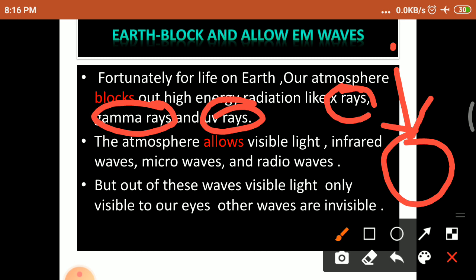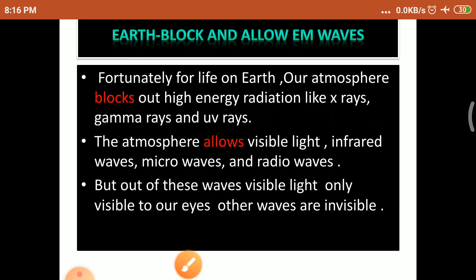The atmosphere allows visible light, infrared wave, microwave, and radio wave. It blocks X-ray, gamma ray, and UV ray. It allows visible light, infrared wave, microwave, and radio wave.